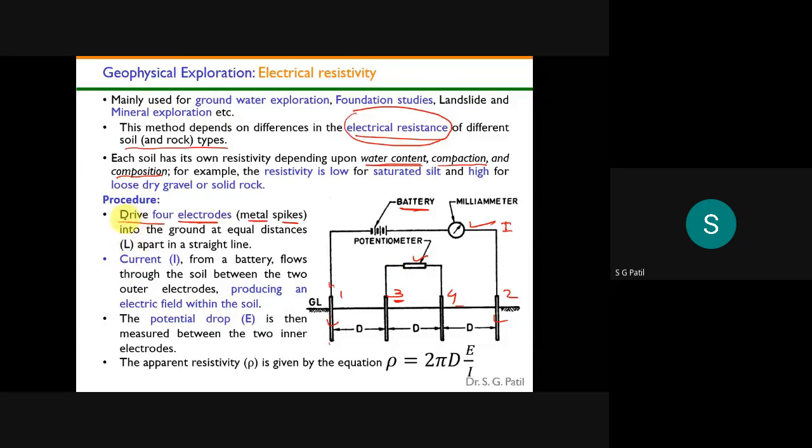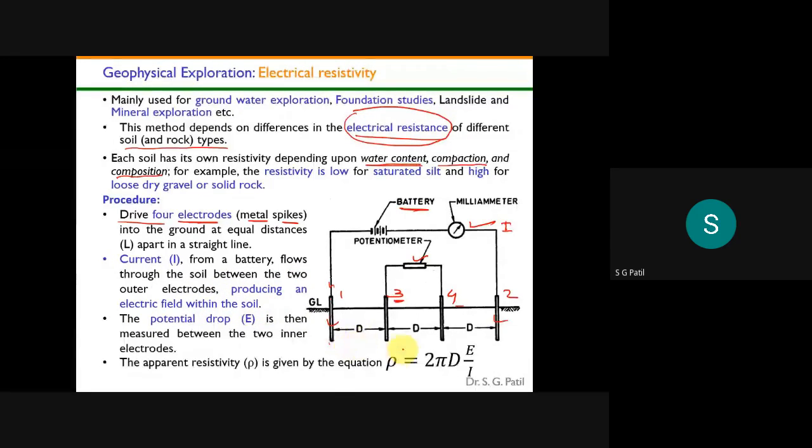So first, what is the procedure? Drive 4 electrodes into the ground at an equal distance, so the distance between each electrode is the same. Then current I from the battery flows through the soil between the 2 outer electrodes, producing an electric field within the soil.